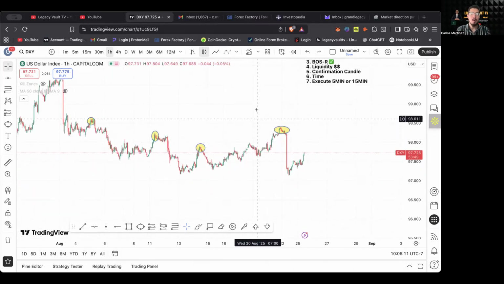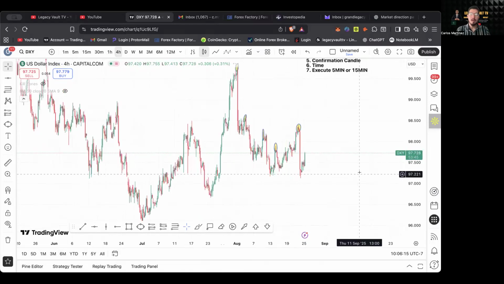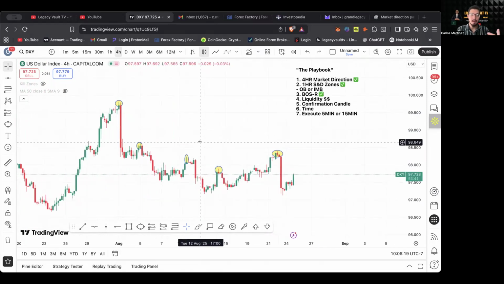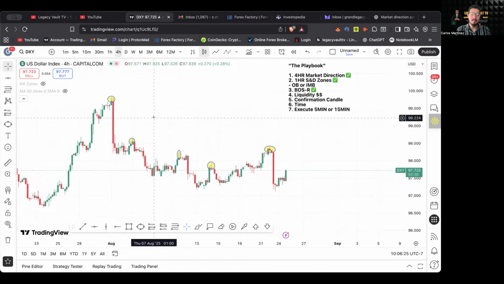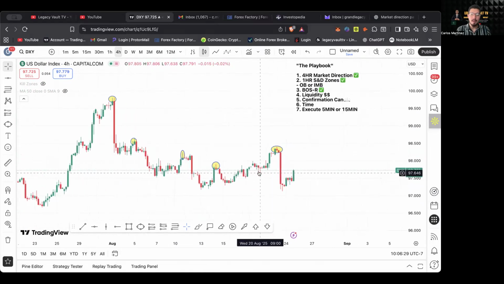Now here on the 1 hour, you can also spot higher highs and higher lows. I can actually go over to the 4-hour time frame just for the sake of this example. We can look at the 4-hour time frame and spot the lower highs in the market.